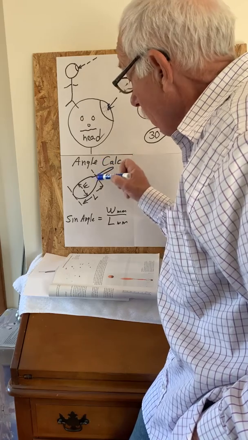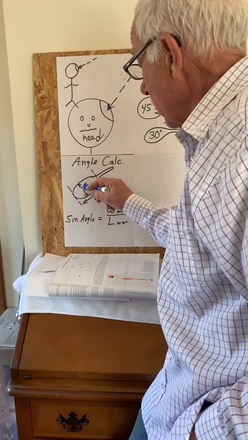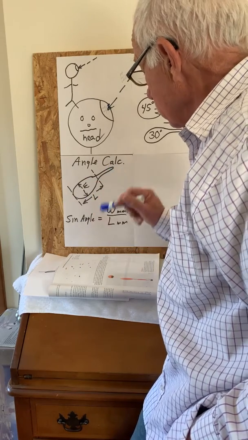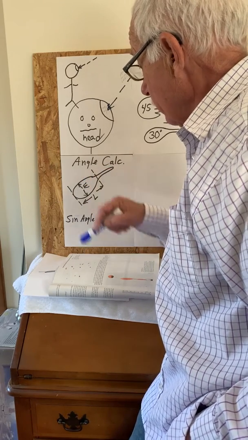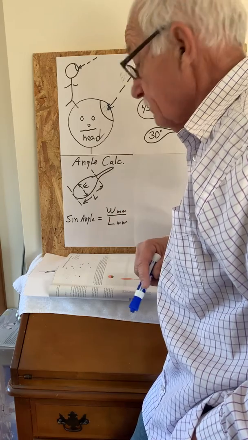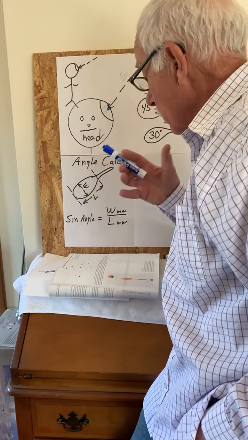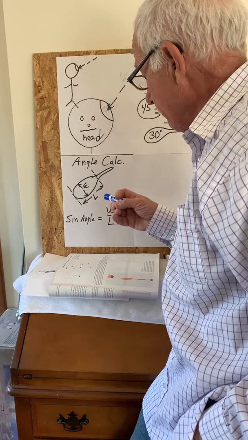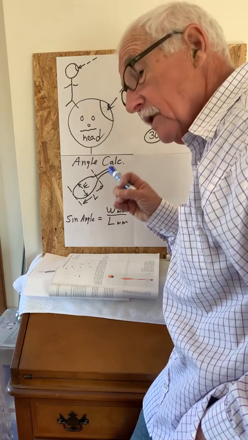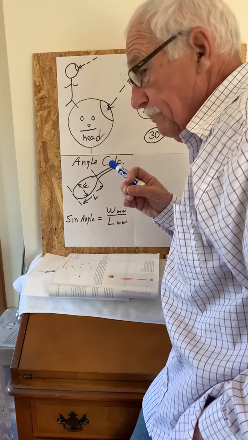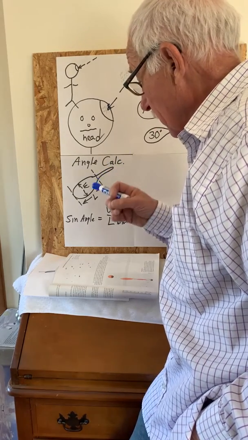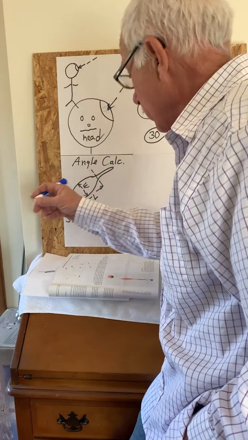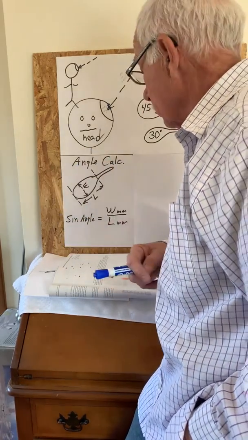And I know that the sine of the angle of projection that this blood hit is equal to the width that you measure divided by the length. Once you get W divided by L, you'll have a number, most cases less than 1.0, the sine of which will give you the angle of projection that this blood hit this surface.